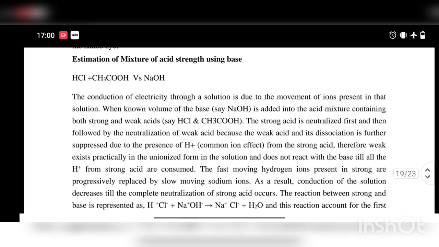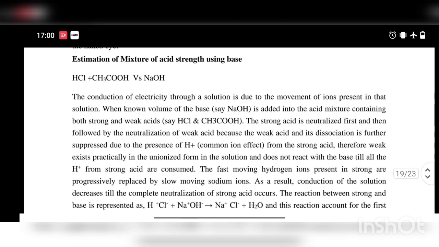For example, HCl is already dissociated as H+ plus Cl-. The acetic acid also consists of H+ and acetate ion, so the H+ produced from the HCl further suppresses the dissociation of acetic acid. So complete neutralization of HCl occurs first, and only then the neutralization of acetic acid will occur. This effect is known as the common ion effect.